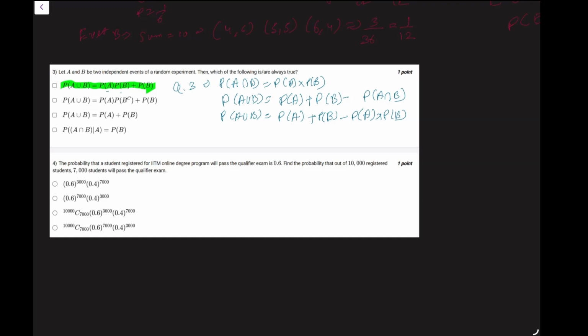This is exactly what we derived on the side. So you have the probability of A union B, the probability of A times the probability of B, plus the probability of B.